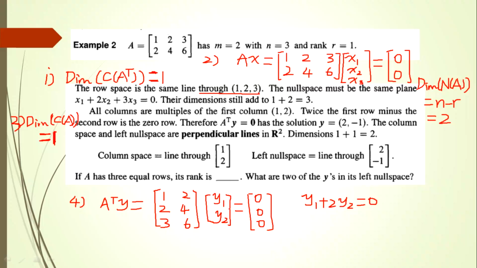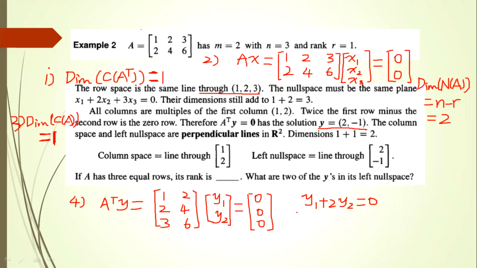The second and third equations are 2y1 plus 4y2 equals 0 and 3y1 plus 6y2 equals 0. So it's the same as this one, right? So we can write one solution, 2, minus 1. Actually, from here, if we set one value, y2 equal to minus 1, the other one is decided.